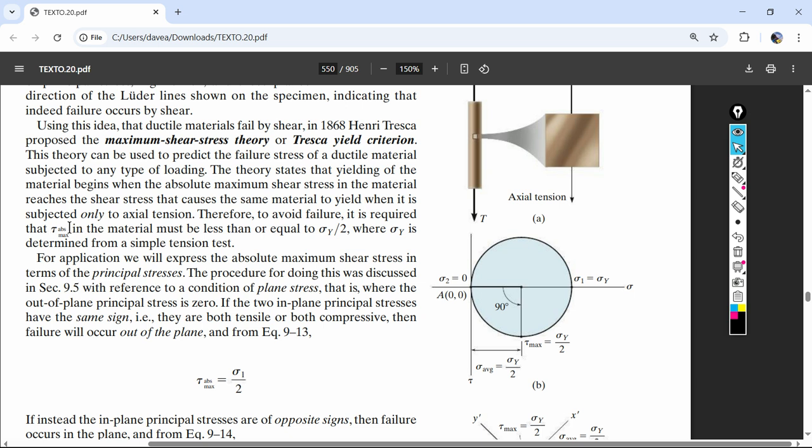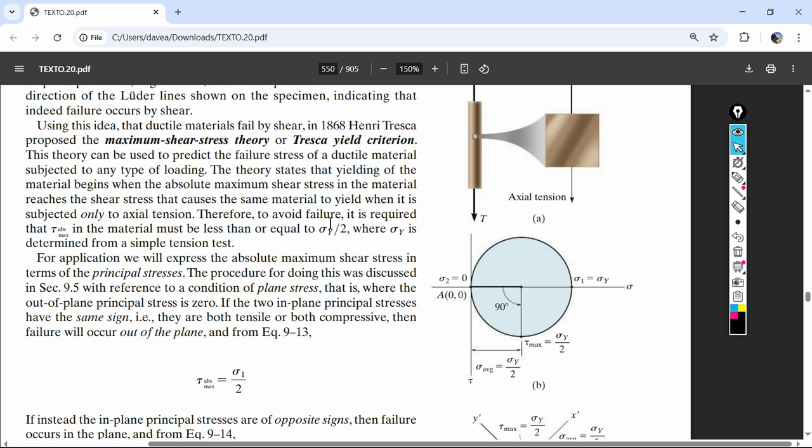So to avoid failure in shear, when we design, if we run the equations on all aspects of a bridge or whatever thing that we're trying to make strong, no analysis of a little cube chunk of that thing can have an absolute maximum shear that is more than if you just pulled on the darn thing in a tension test divided by 2.